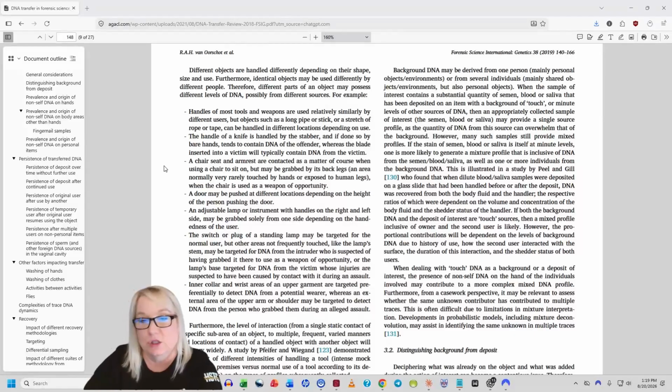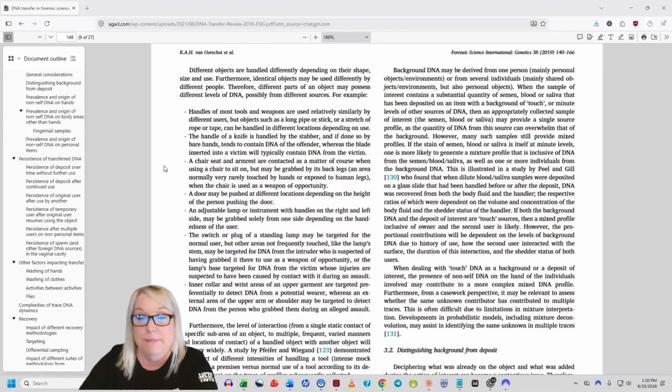It says this is illustrated in a study by Peel and Gill, who found that when diluted ketchup and water samples were deposited on a glass slide that had been handled before or after the deposit, DNA was recovered from both the fluid and the handler, the respective ratios of which were dependent on the volume and concentration of the fluid and the shedder status of the handler.